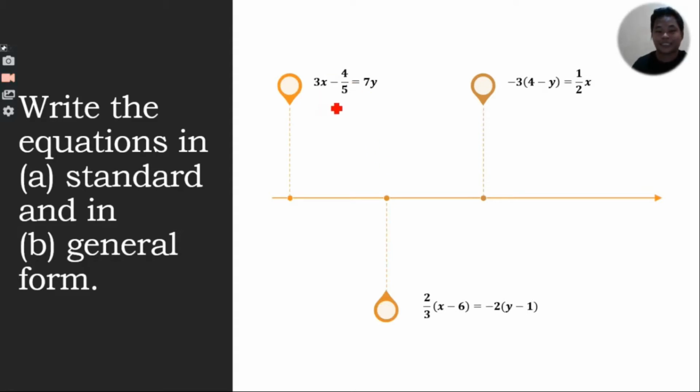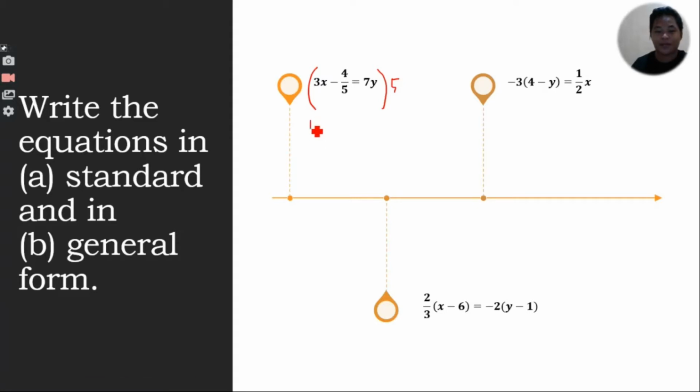Let's have this equation, 3x minus 4 over 5 is equal to 7y over 1. Since we have a fraction here, we're going to multiply all the terms by the LCD, which is 5.